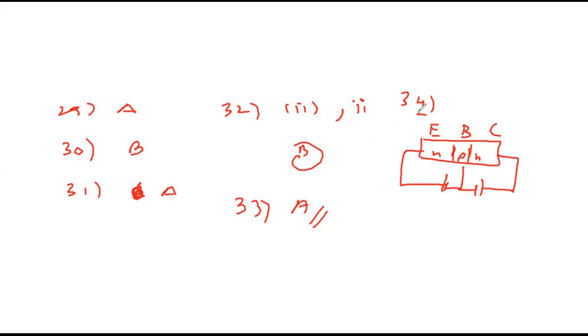So electron goes from emitter to the base, then to the collector. Hole moves from emitter to the base? No, electron moves from the base to the collector. Option A: electron moves from emitter to the base to the collector.